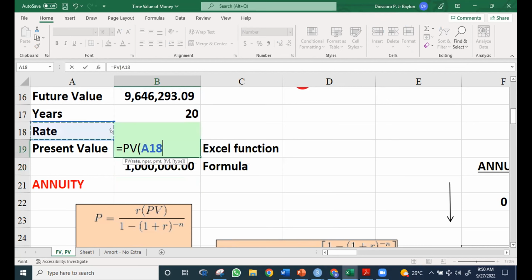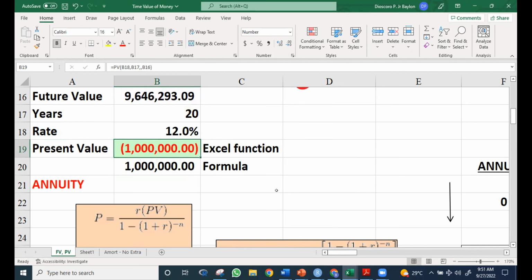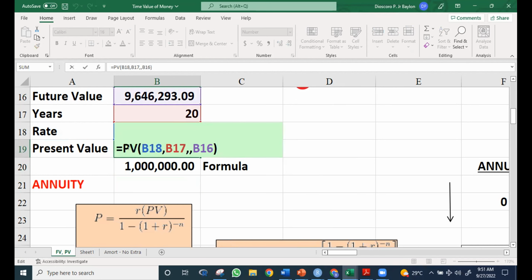PV, and the rate is 12%, comma, NPER is 20, comma, PMT ignore because this is not an annuity, and we're given the future value, this one. Type again, ignore because this is not an annuity, and we expect to get negative 1,000 because Excel is very particular about the direction of the cash flow.